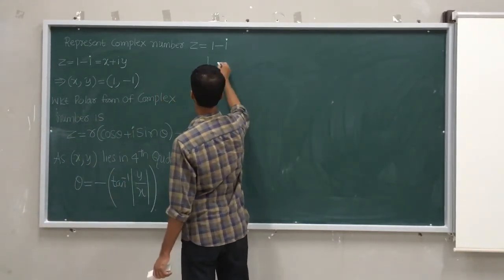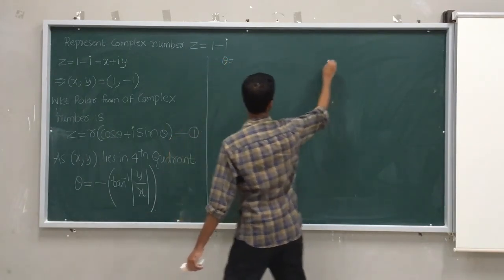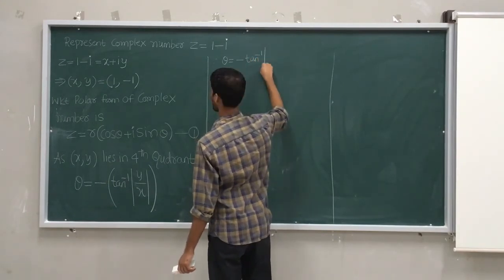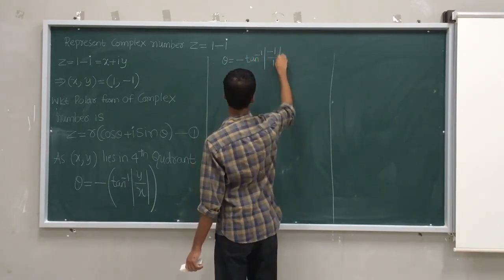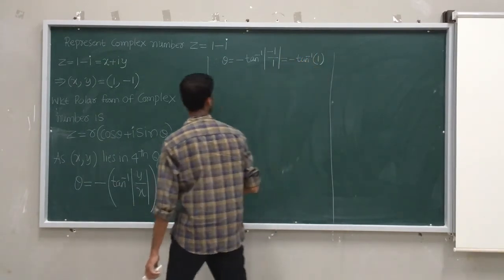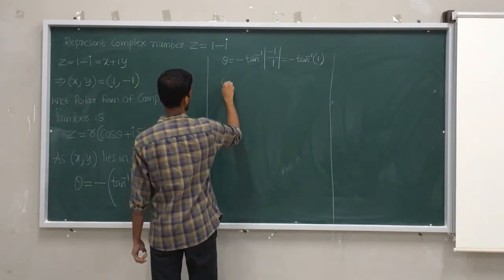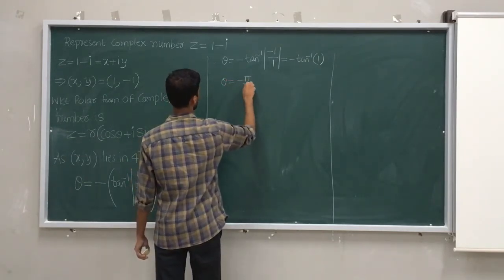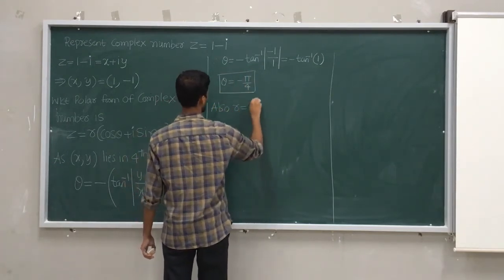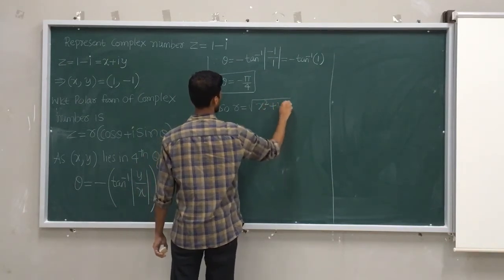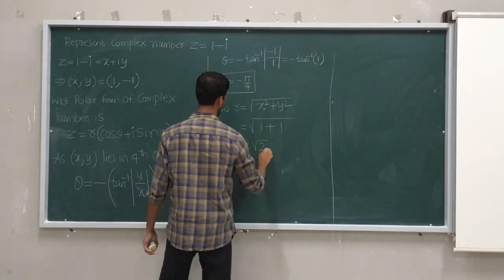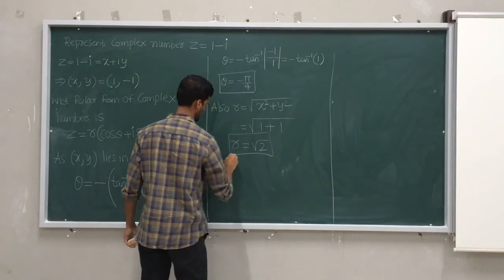Therefore theta equals minus tan inverse of 1 by 1, so theta is minus pi by 4. Also, r is the square root of x squared plus y squared, which is 1 plus 1, which is root 2.